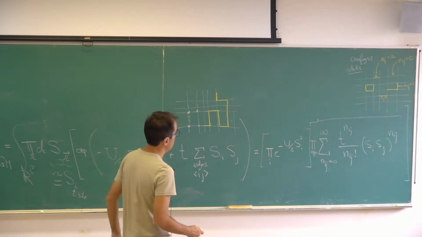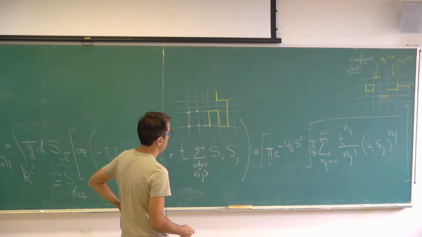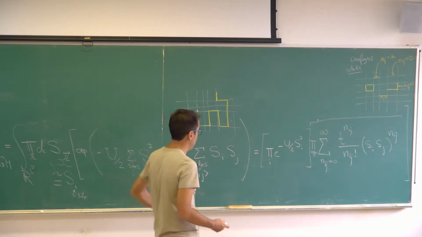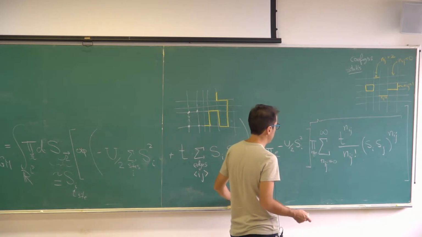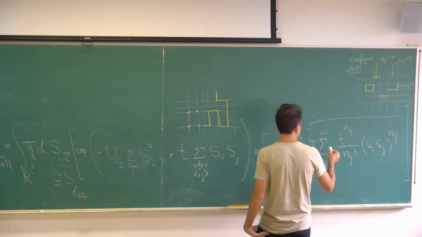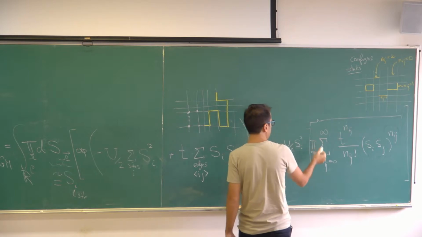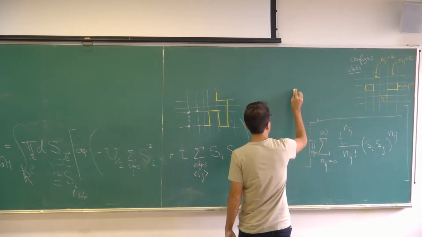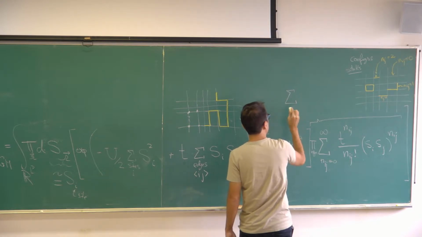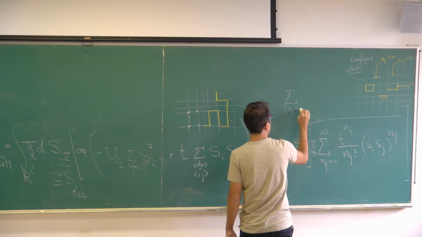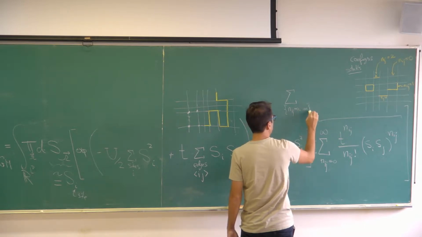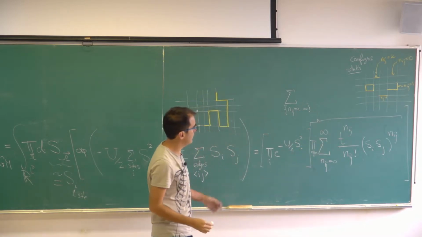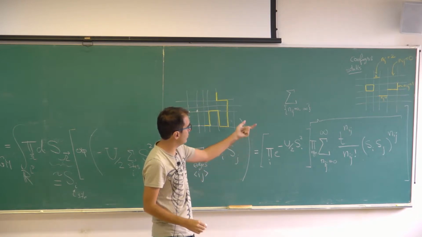Good. Okay, there's not much I want to say here. I can say the following. I can say that this is the same. I just want to make a trivial thing. Because I multiply over everyone and sum over everyone, this is just notation, but this is equivalent to saying that I sum over all configurations nij that run from 0 to infinity. That's my sum. I sum over all such configurations.